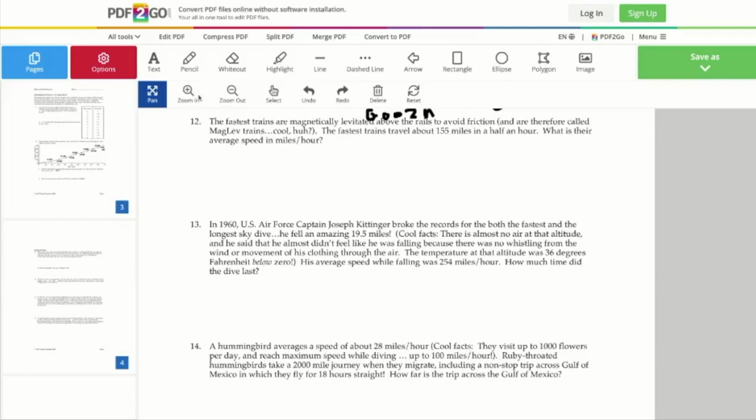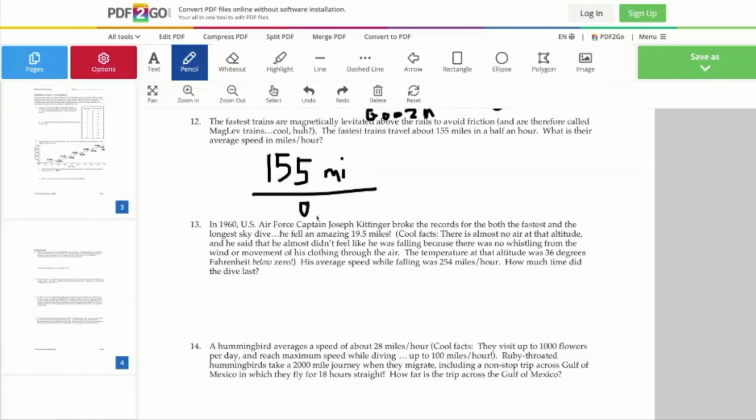Okay, so everyone got that right, I think. So we can actually do dimensional analysis to understand why. 100 miles in 0.5 hours.